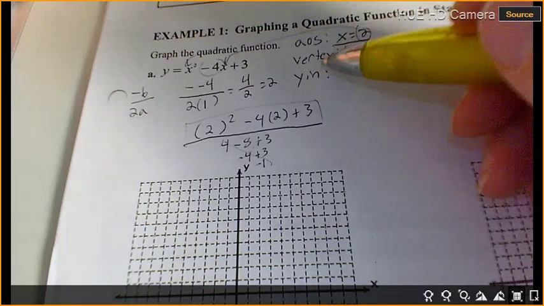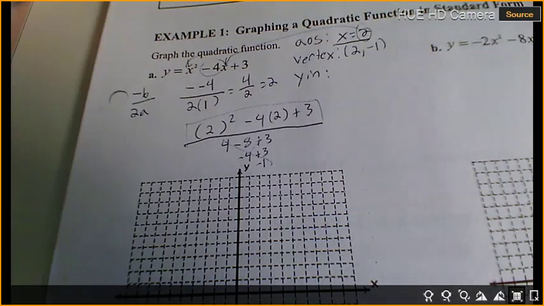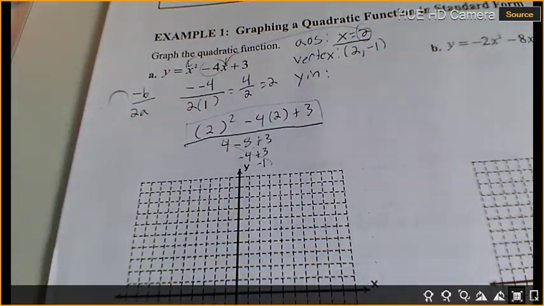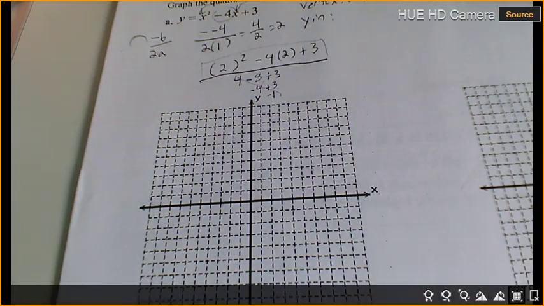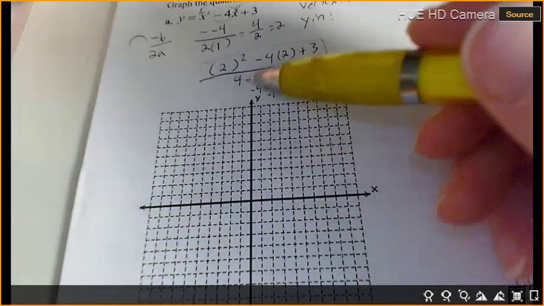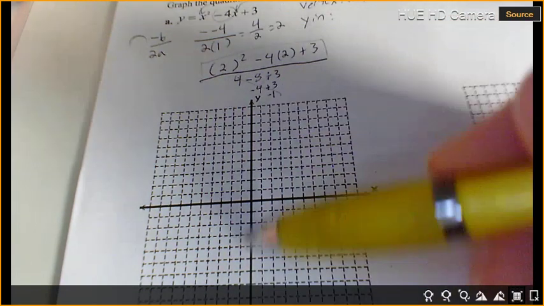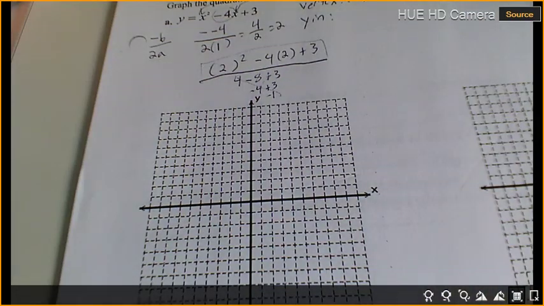So, now that we have the vertex and the axis of symmetry, we're going to figure out what the y-intercept is. The y-intercept is where it crosses the y-axis. What is the x value if we're looking at the y-axis? 0.